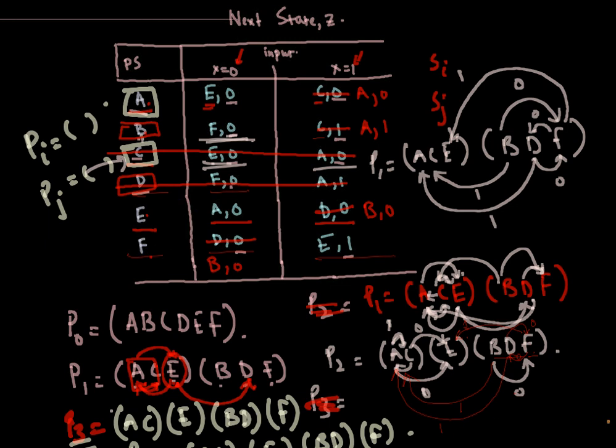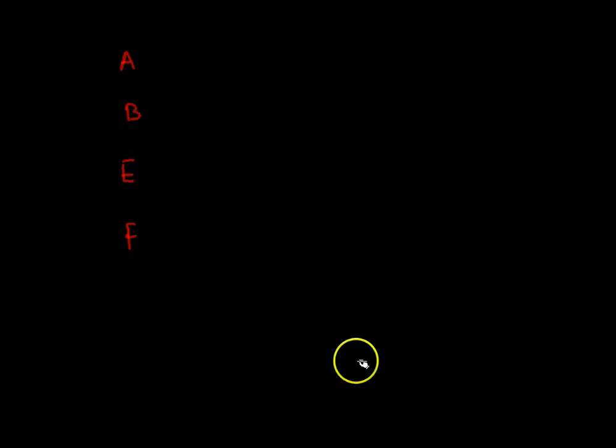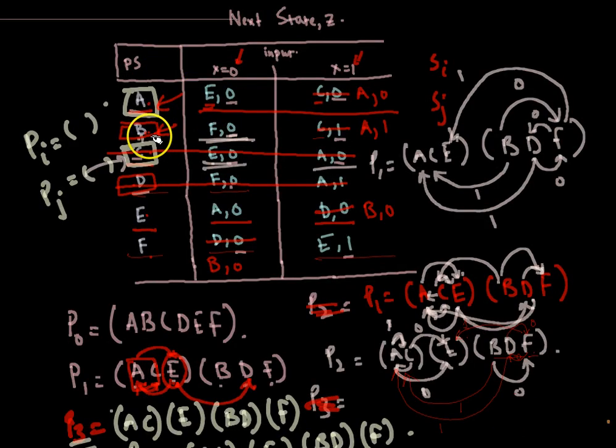And let me write the fresh machine. A, B, E, F. Amongst A and C we kept A, amongst B and D we kept B. So E0, A0 is the first row. Then F0, A1.